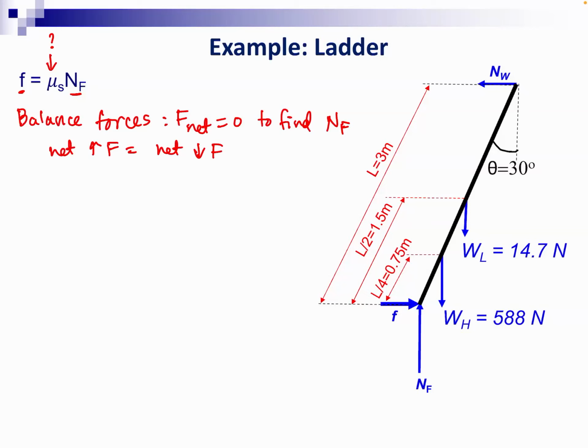NF should be equal to the weight force of the ladder plus Homer. So we are able to find NF.